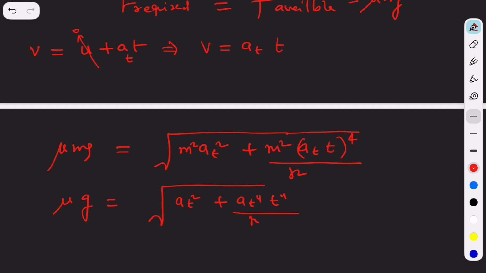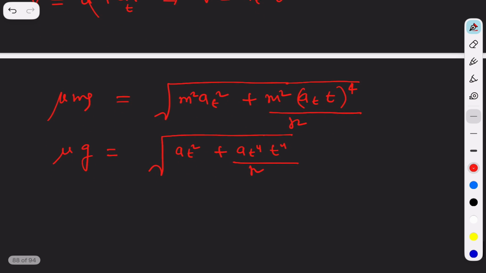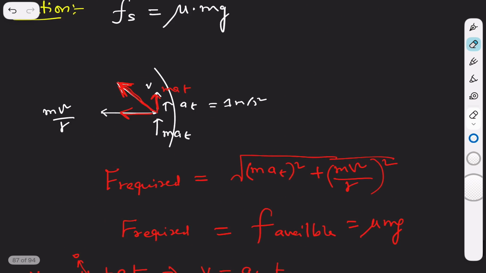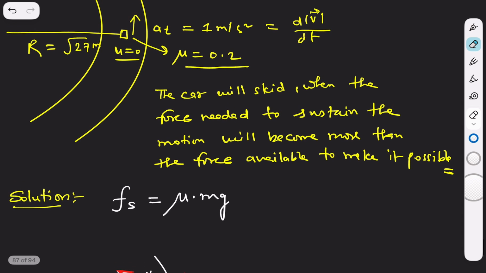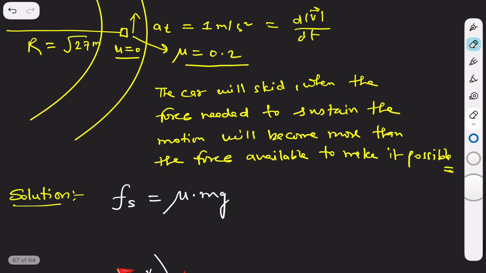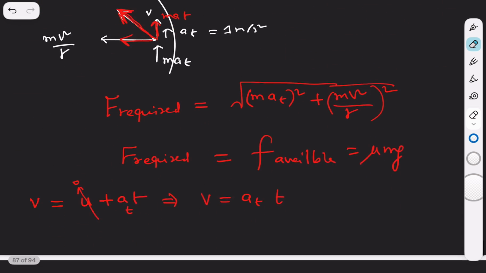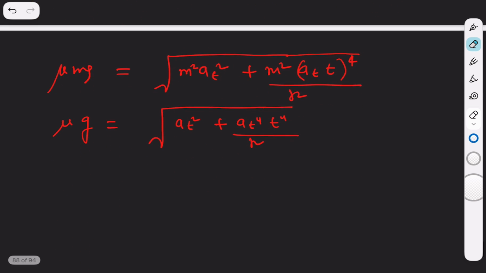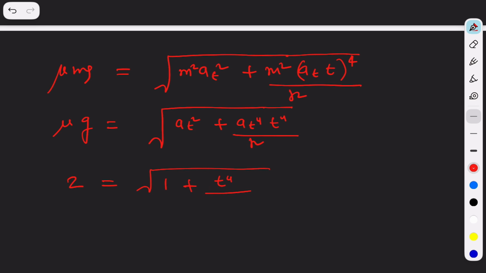Let me put the values now. So mu is given as 0.2, and r is root 27, and a t is equal to 1. So let's put the values directly now. mu is 0.2, it will become 2 now. And here a t is 1, so this will become 1, and this will become t to the power 4, and r square is root 27 square, that is 27 only.